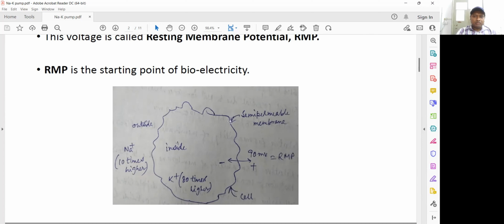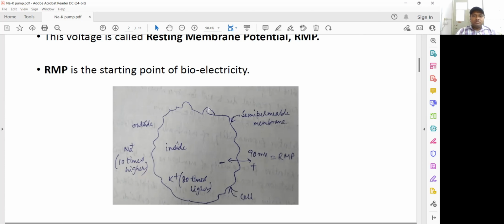Inside the cell we have intracellular fluid, and outside the cell we have extracellular fluid. This is the inside of the cell, we have the intracellular fluid inside, and this is the outside of the cell, the extracellular fluid.